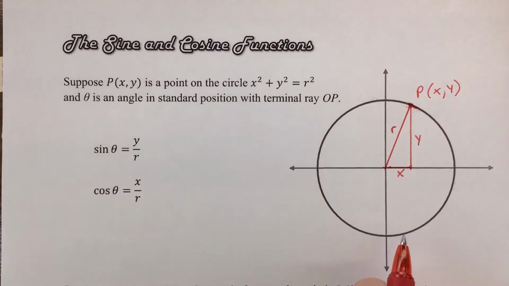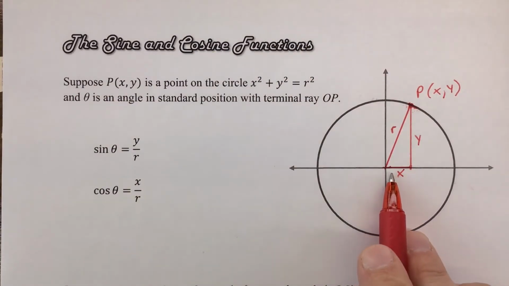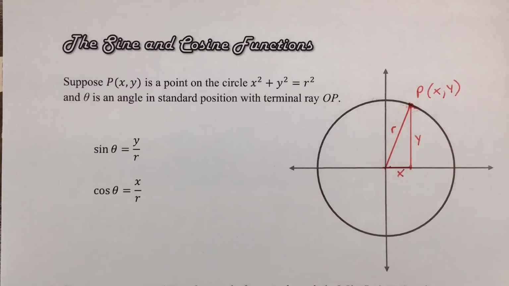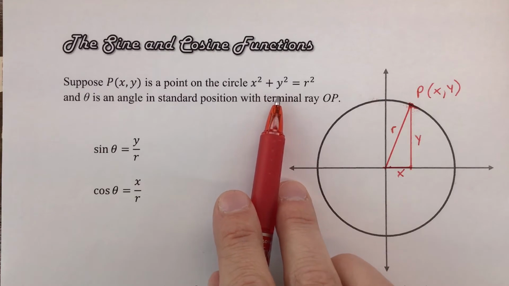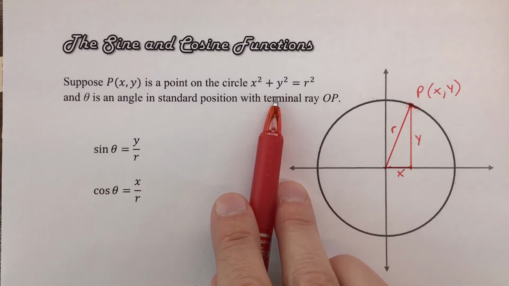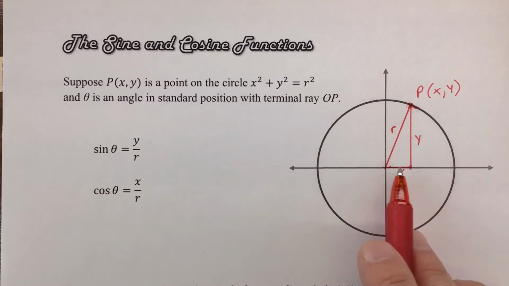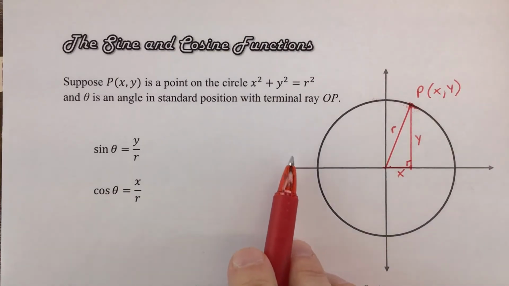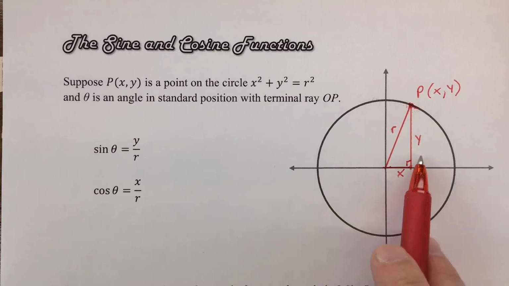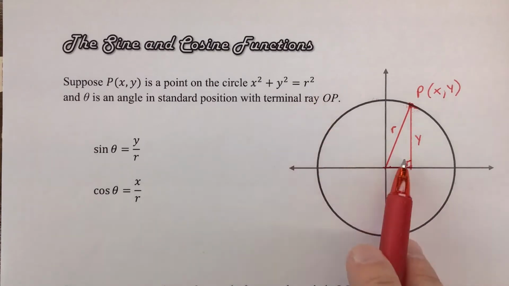The radius is the distance from the center of the circle, which is at the origin, out to that point P. Now this might make a little more sense about why the equation looks like the Pythagorean Theorem. When you draw those components, you end up with a right triangle. You take the legs squared and add them together, and that should equal the radius squared.